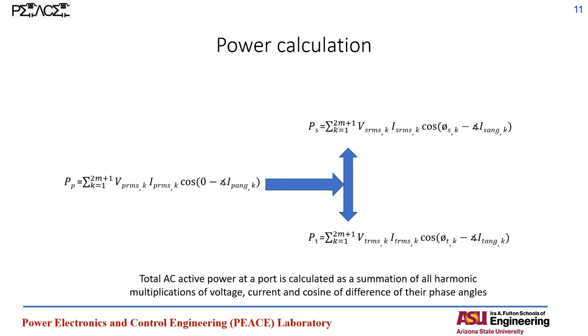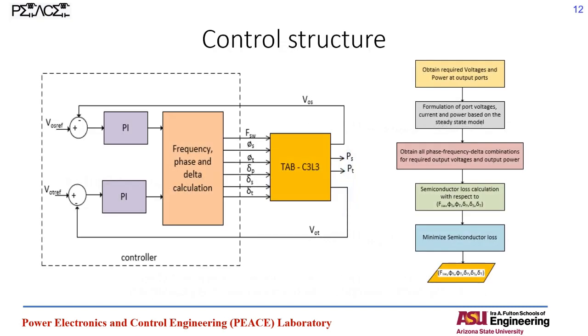So this defines our control structure, wherein we use a controller. In our case we're using the TI DSP for controlling our converter, basically providing the gate signals.